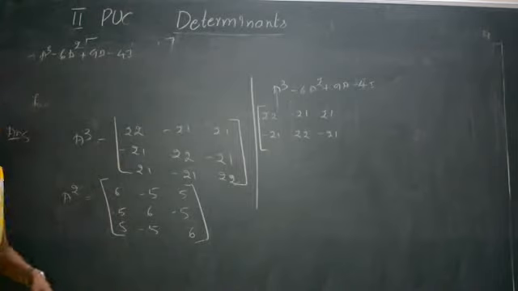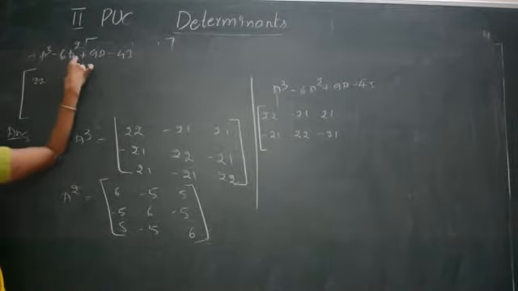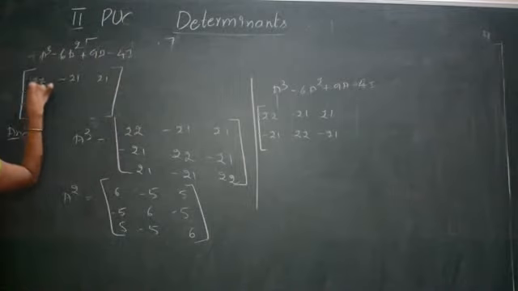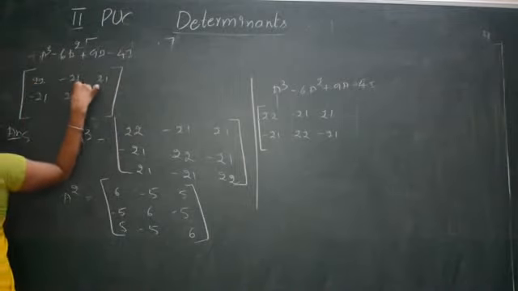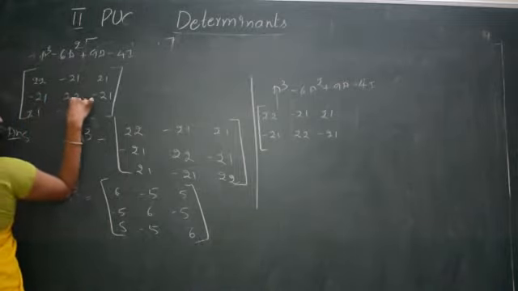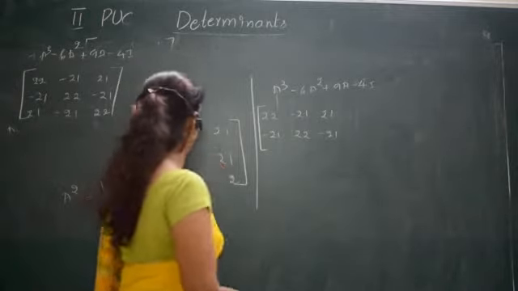So A cube will be 22 minus 21, 21; then minus 21, 22 minus 21; then 21 minus 21, 22. So this is A cube.